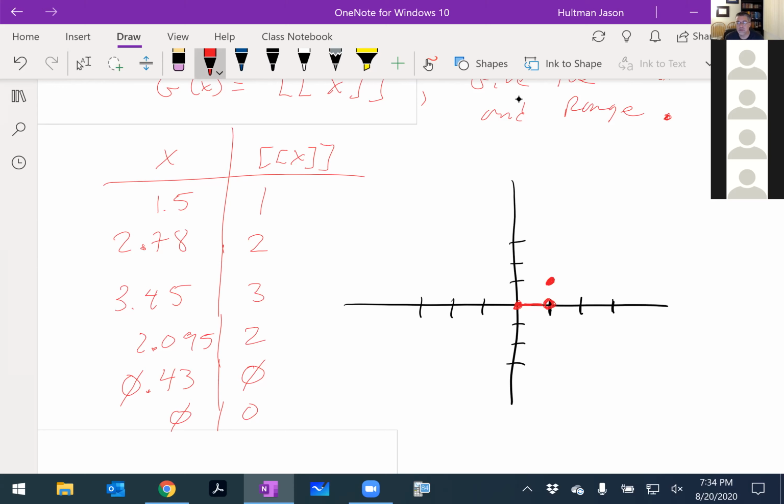And so this is called a step function. Why is it a step function? Because it looks like stairs. It goes like this. And then once I hit 2, I'm at the next integer, right? And then once I hit 3, I'm at the next integer. Make sense?